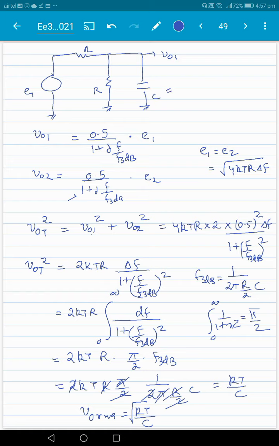If we take the capacitor as 10 pF, for example, if you construct a circuit like this with 100 kilo ohms and 100 kilo ohms here, and you try to measure the output on the oscilloscope, and the oscilloscope has 10 pF capacitance, you'll get a net noise V0 RMS equal to square root of kT by C. For 10 pF, let's calculate, it comes out to be 20.35 microvolt. That's the amount of noise that will be present at the output here.